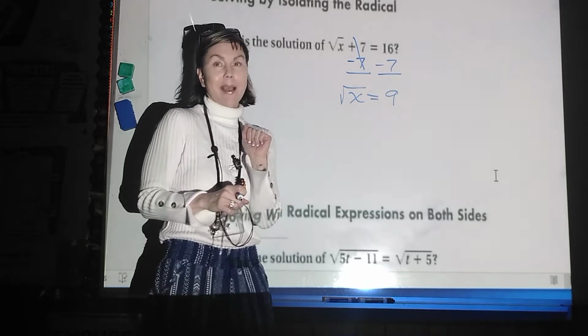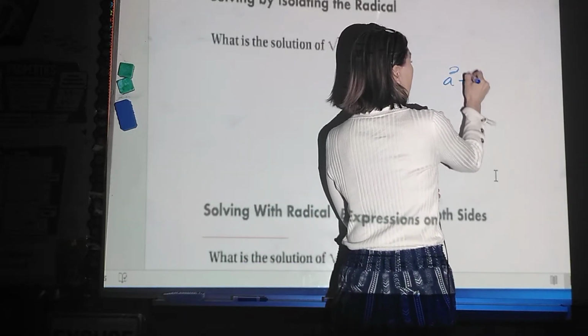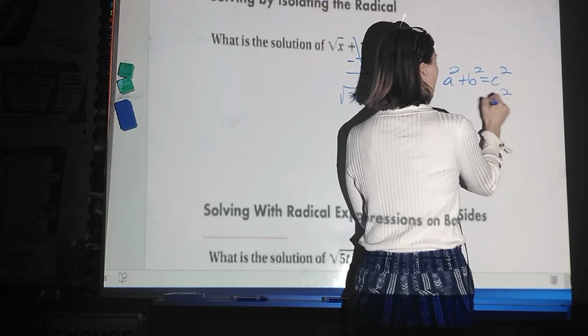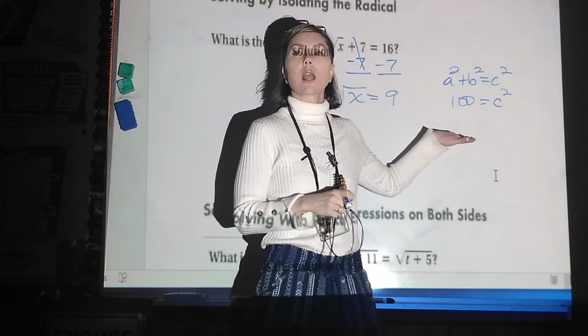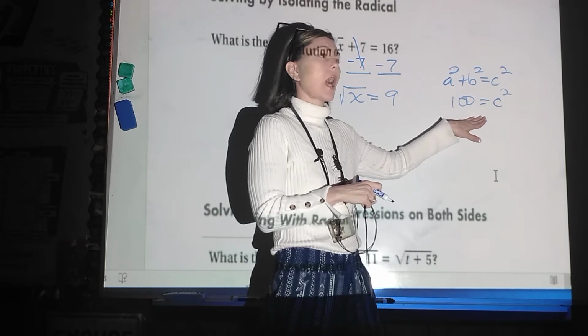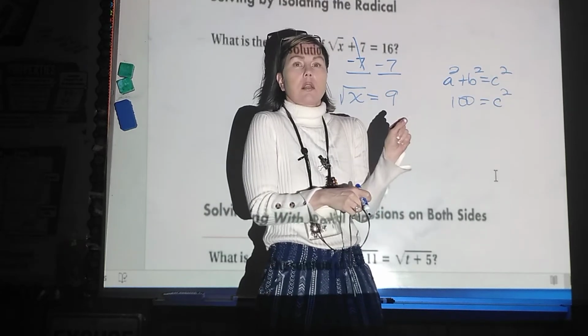That's radical x, okay? Just like when we were doing the Pythagorean theorem, a squared plus b squared equals c squared, write this down. And you have c squared equals 100, right? Here is where we were. And I said, have we solved for c? No, not at this point, because this is not c. This is c squared, right?